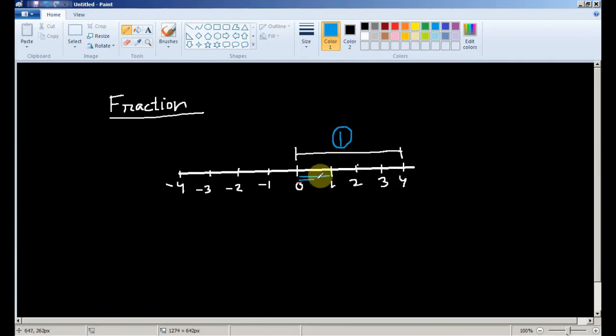Okay, so this part is 1 by 4. This part is another 1 by 4. This part is another 1 by 4.